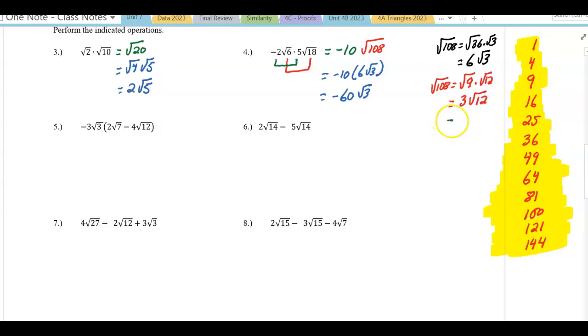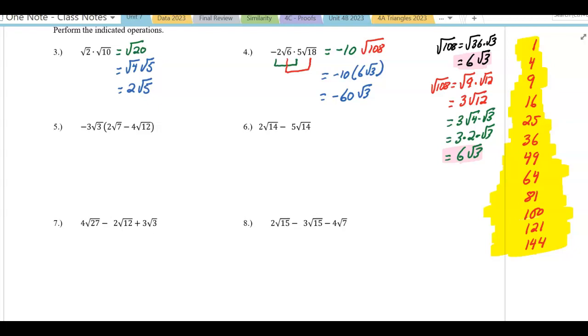And then you have an extra step because square root of 12 breaks down to the square root of 4 times square root of 3, which is then 3 times 2 times the square root of 3, which is 6 square root of 3. So you'll notice that you get 6 square root of 3 either way. The first method of finding the biggest perfect square was a little quicker, but both methods work.